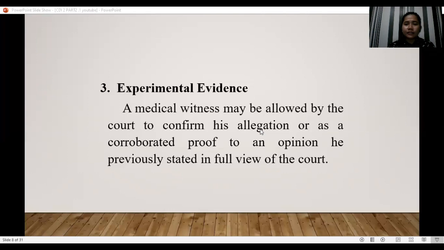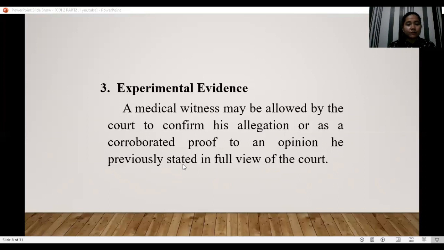What are samples of experimental animals? We have guinea pigs, rabbits, and others. The experiment must be done in view of the court. Take note that in the full view of the court does not necessarily mean that the experiment must be conducted in court. It means that the experiment should be conducted in the presence of the judge.